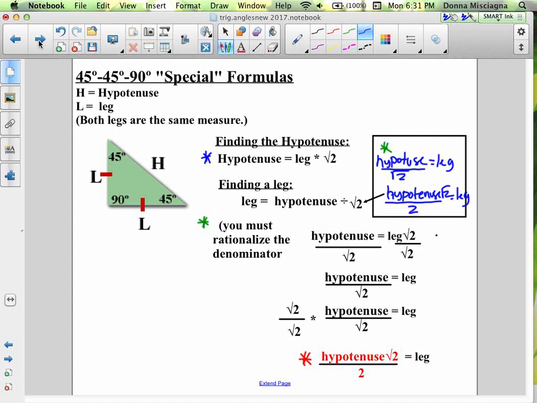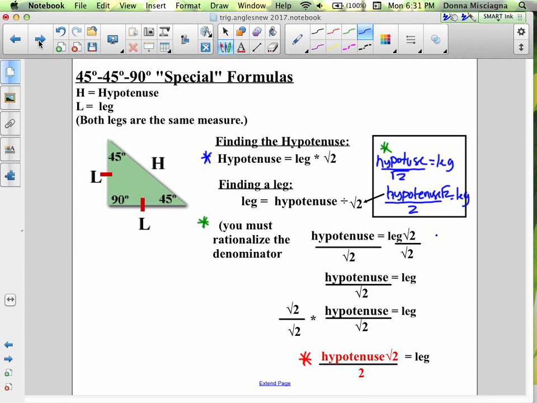Now you're going to write some things into your notes. It has a spot for the leg and a spot for finding the hypotenuse. H stands for hypotenuse, L stands for legs. Both legs are the exact same measure. In the box it says finding the hypotenuse.